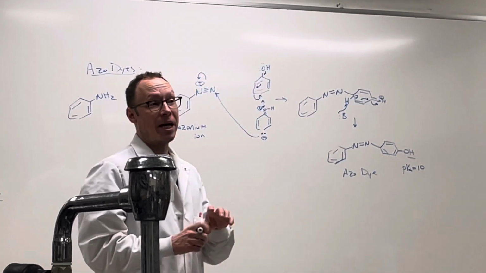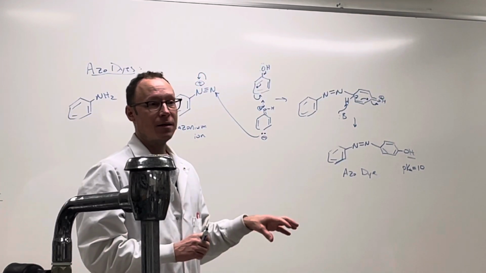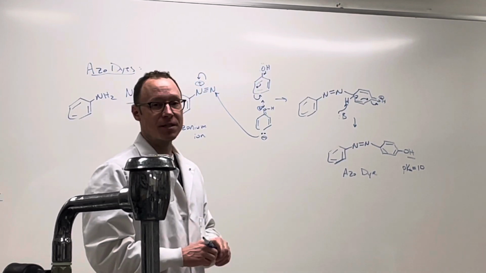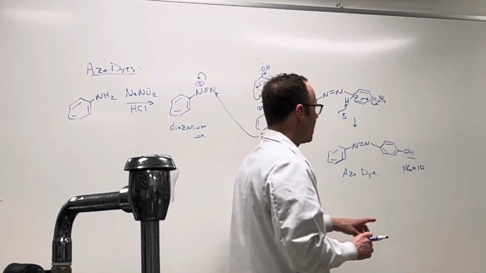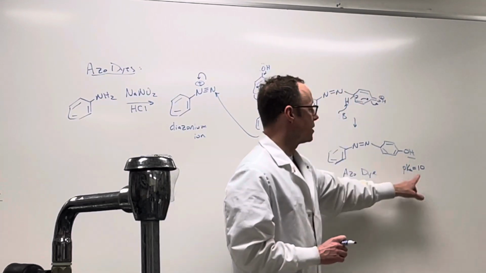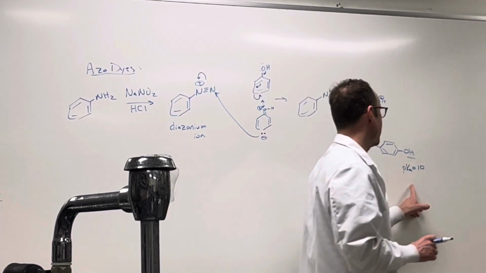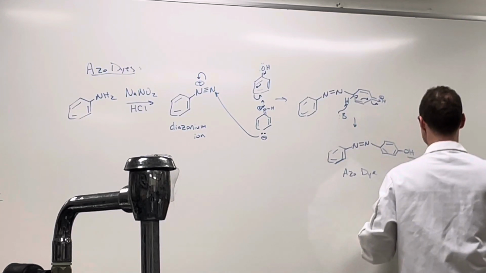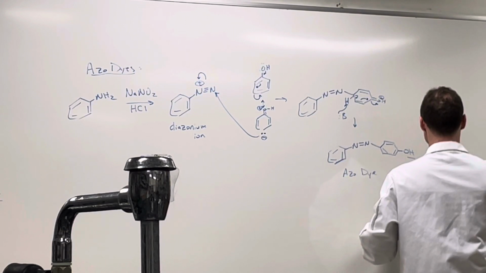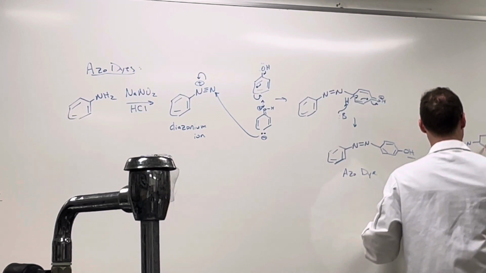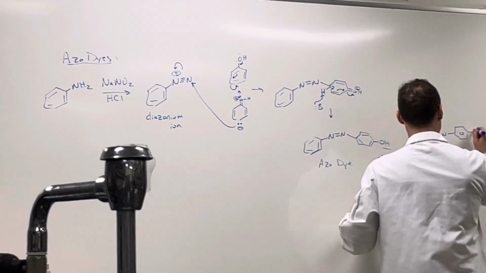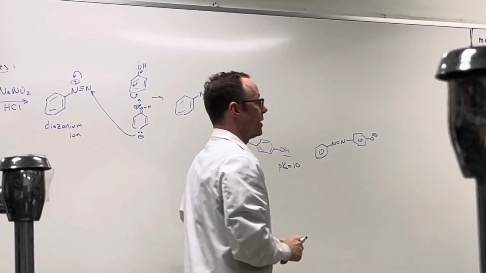Now I'm going to take you back to Gen Chem here, just to refresh your memory, because it's a really important relationship to remember. Because this has an ionizable group with a pKa of 10, I can, under the right conditions, deprotonate it.